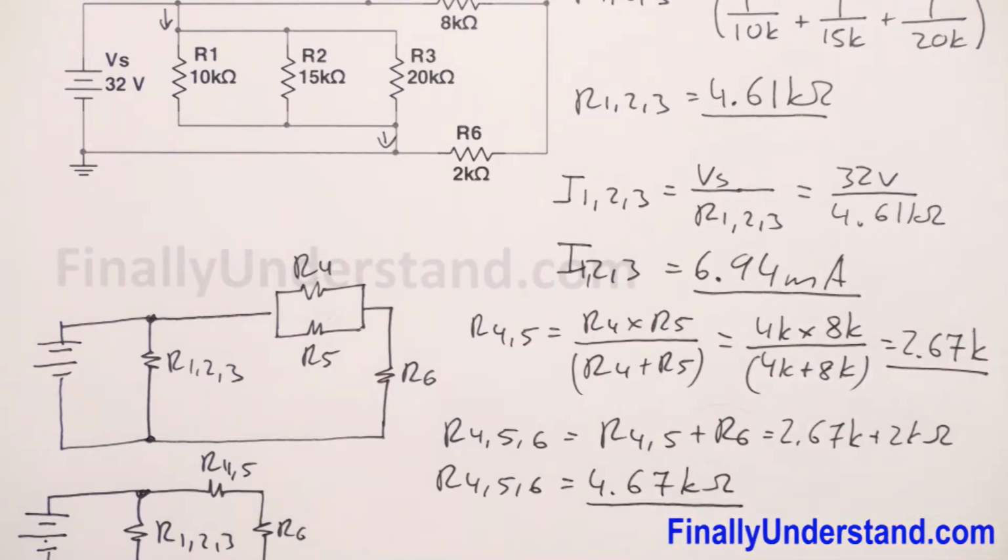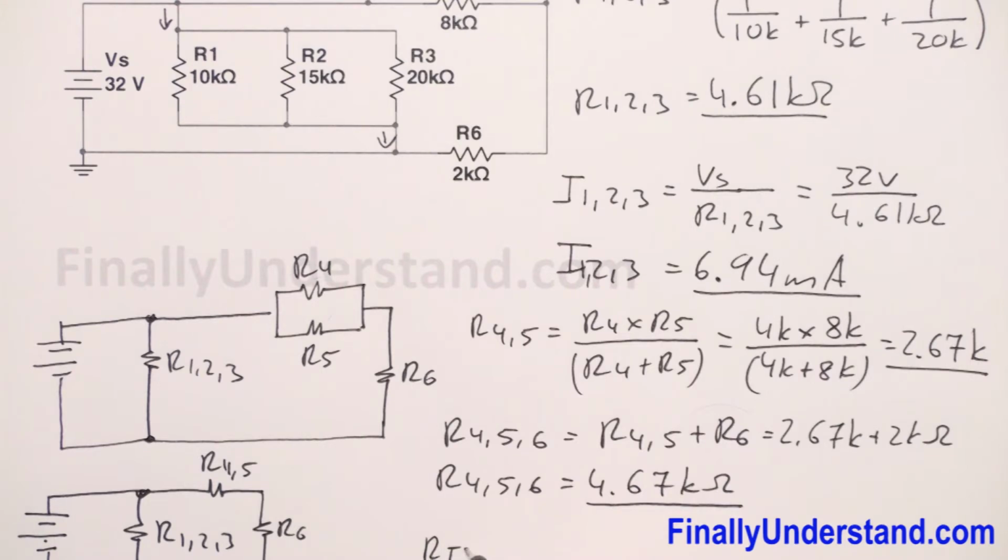So now we can redraw the circuit again and take a look at what we are going to have this time. So I have R1,2,3 in parallel with resistor R4,5,6. So I can find the total resistance. Okay, so I have R total. We can find R total, right?